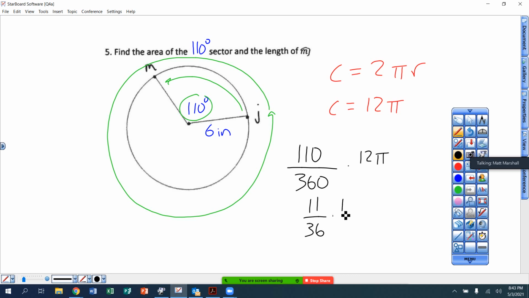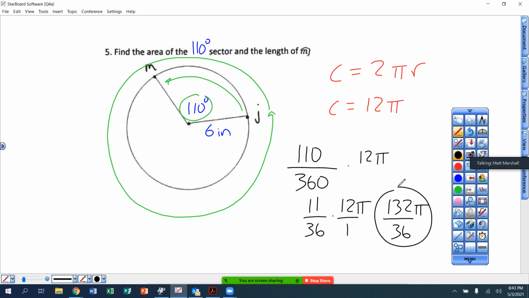And then I would multiply that by 12 pi. So what part of the circle that 110 is, times 12 pi. For me, that gives me 11 times 12. I'm just going to write it like this: 132 pi over 36.